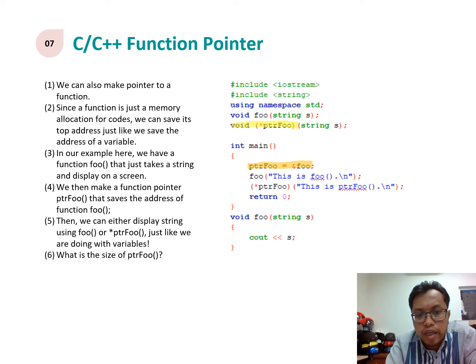So now you just give a definition of a function foo here. And now the pointer ptr foo will function like the function foo when you assign the address of foo to it. I hope you understand. If not, you can just copy, paste or write this code and try to use it in Code::Blocks.